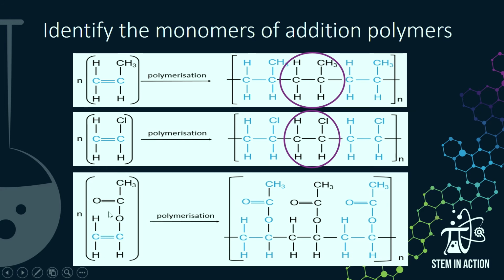So this is actually an ester group that has been attached to our ethene monomer. And we can polymerize that by adding to this double bond, and we are going to get this as our repeat unit. So that's the repeat unit repeating itself in blue, black, as indicated by this difference in color. So again, be able to identify what the repeat unit is in a polymer.